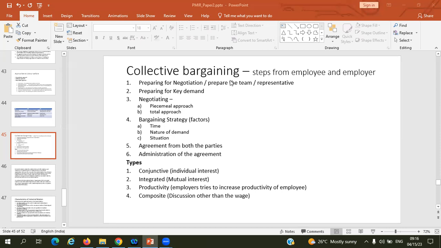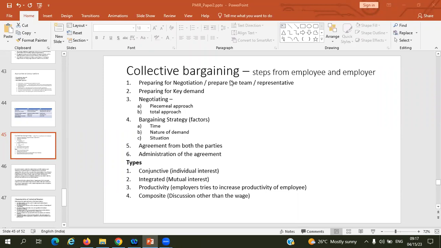So you are representative. From the employee side, from the employer side, who are going to talk, whether they know everything, all in and out of the system. If you are sending someone, he is talking, but he doesn't know. Suppose you have an issue for canteen, you are raising the voice to the management, we need a canteen.